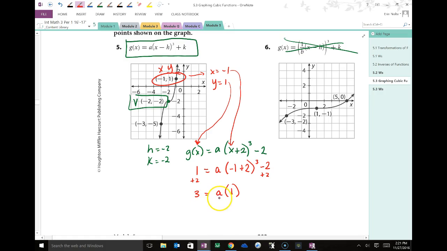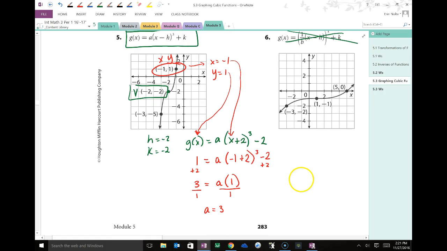My last step is to divide by 1, so we can conclude that the a value is in fact 3. So the equation for this graph up above is 3 times the quantity (x plus 2) cubed minus 2.